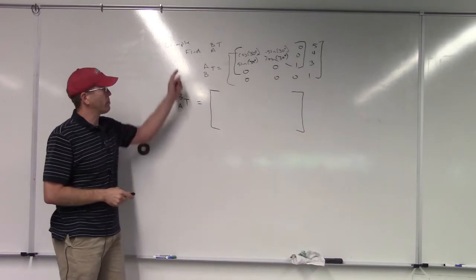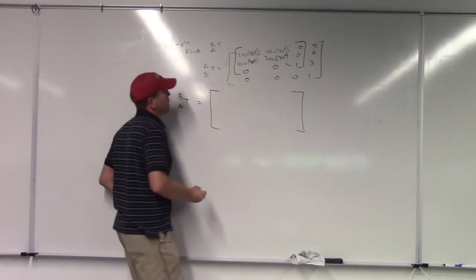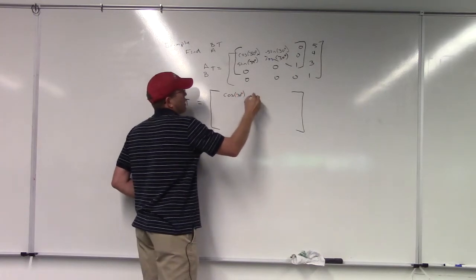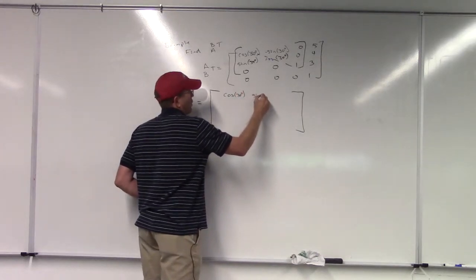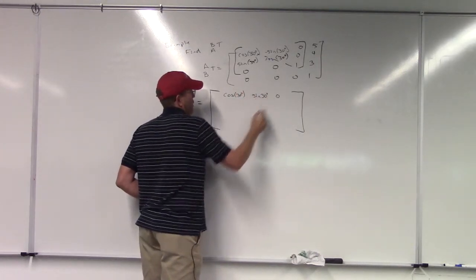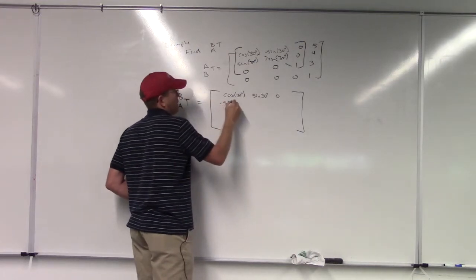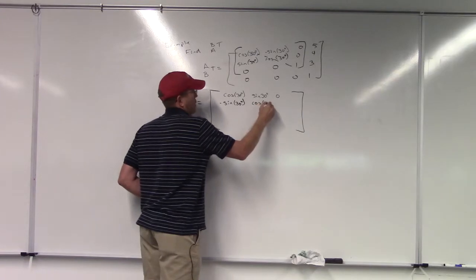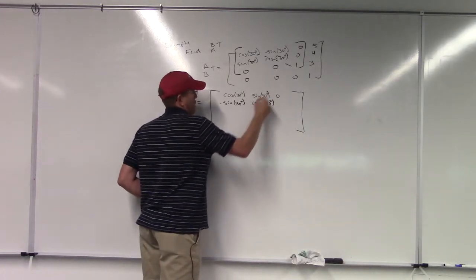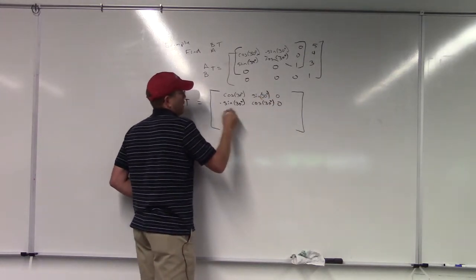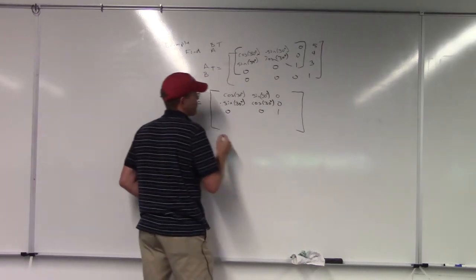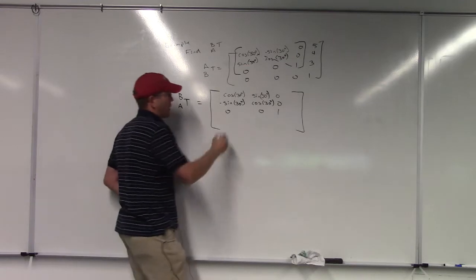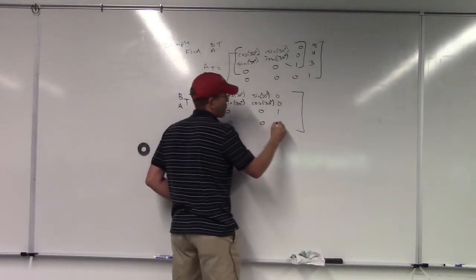We're just going to flip it across the main diagonal. So we're going to have cosine of 30 degrees, sine of 30 degrees, 0, negative sine of 30 degrees, cosine of 30 degrees, 0, and then 0, 0, 1. The bottom row isn't going to change, so we can go ahead and fill that in.